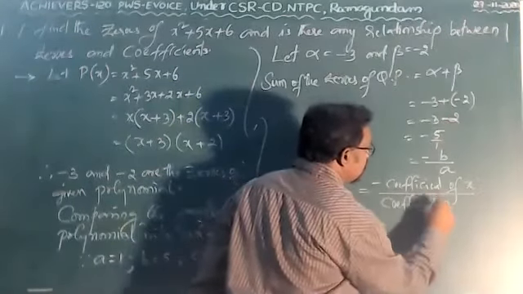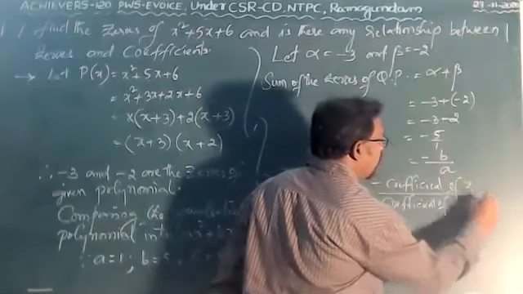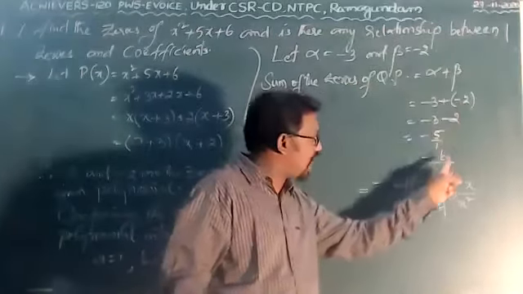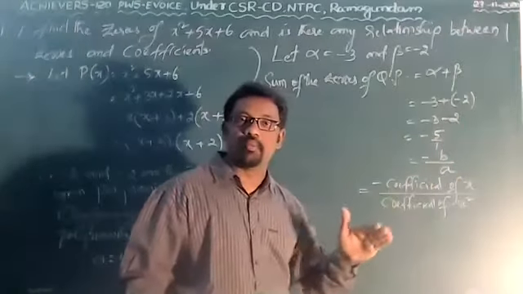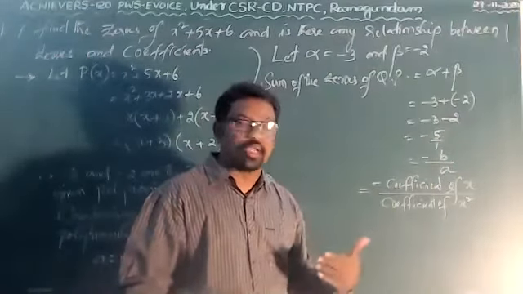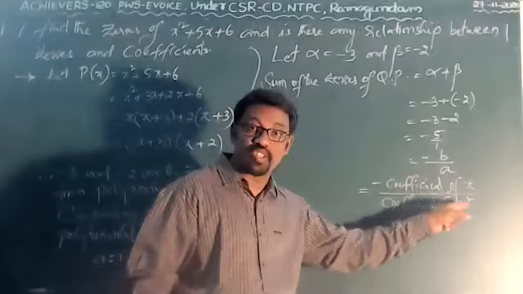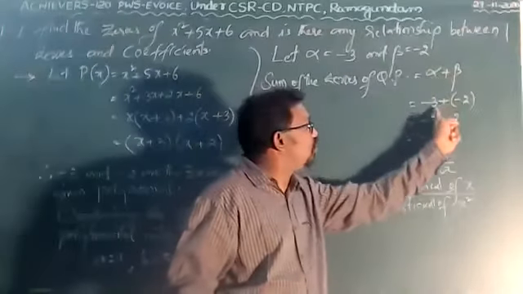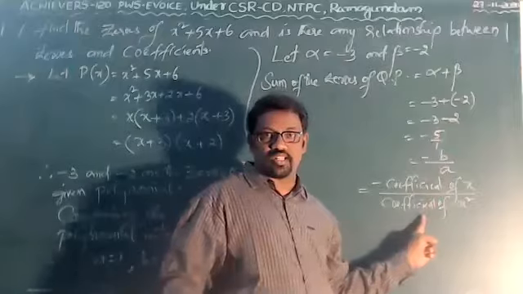We took the zeros and, through some algebraic problem solving, we got the coefficients. This is called the relationship between zeros and coefficients.